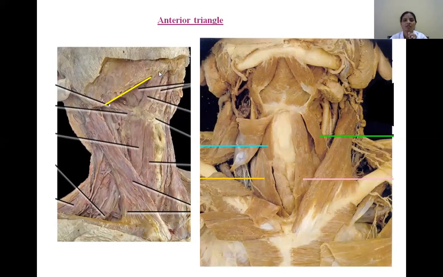Then if you trace the anterior belly, it inserts into this tendon, the intermediate tendon. From the posterior side, this is the posterior belly of digastric, which takes origin from the mastoid process, from a notch on the inner aspect of the mastoid process. So the 2 bellies are interconnected by an intermediate tendon.